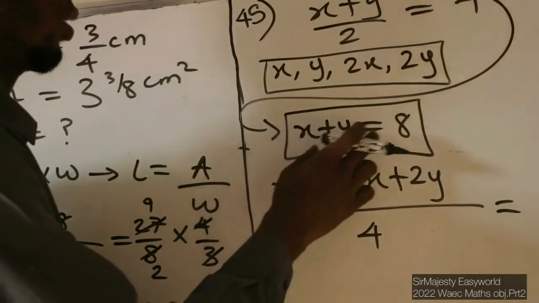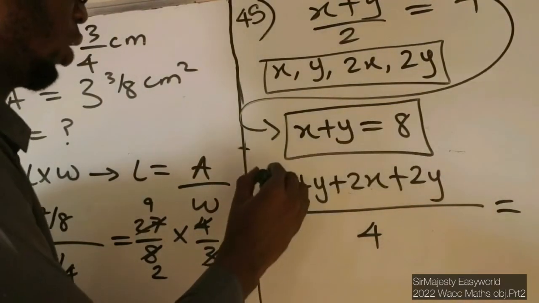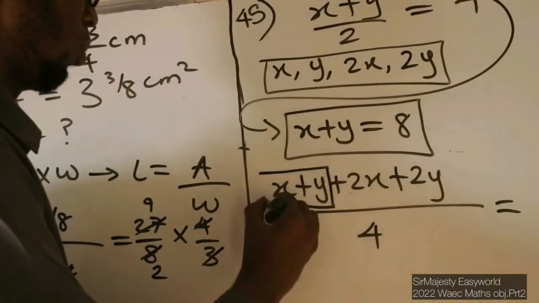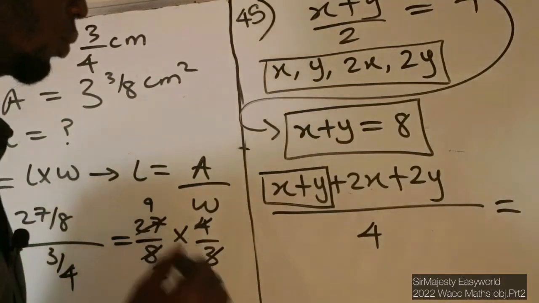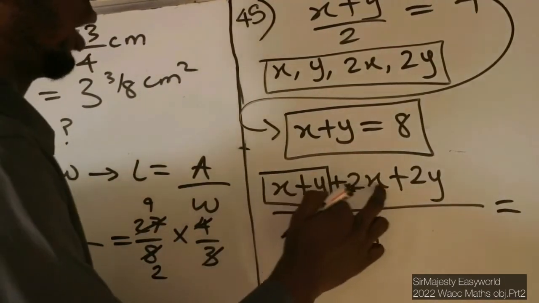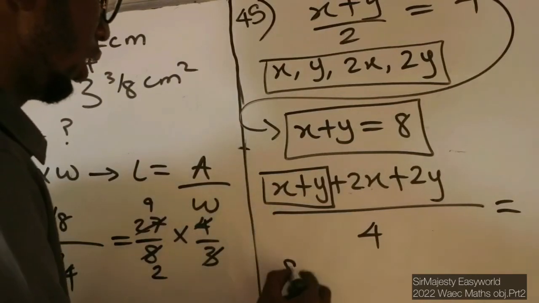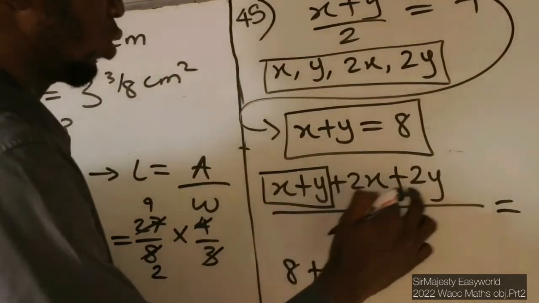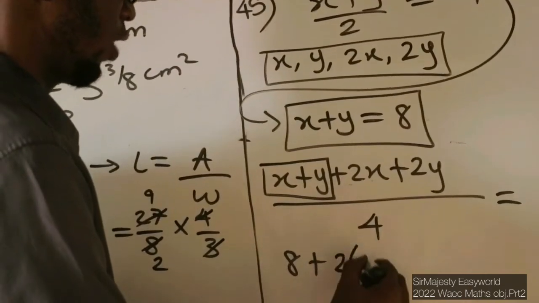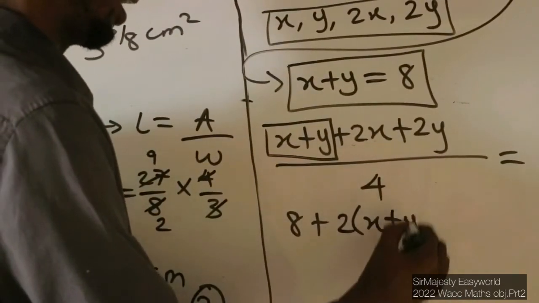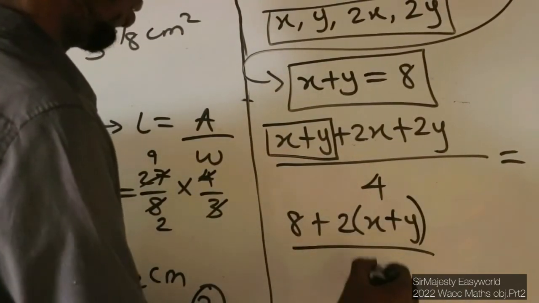x plus y is equal to 8. So that means we can already replace this one here by 8. And then here we have 2x plus 2y. We can factorize that, so we write it as 8 plus 2 bracket x plus y all over 4.